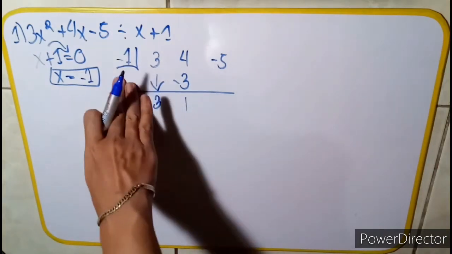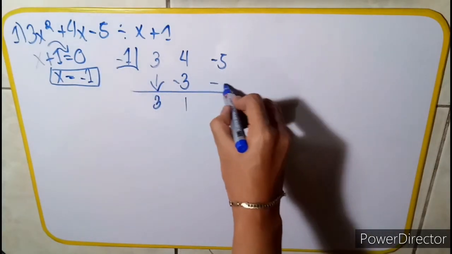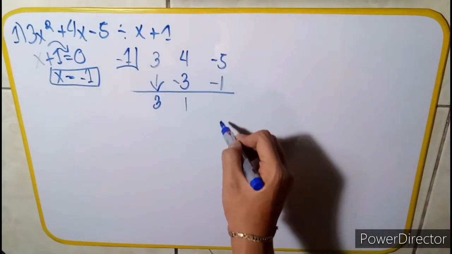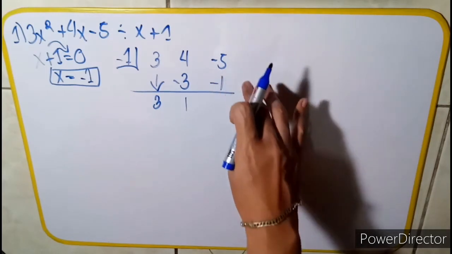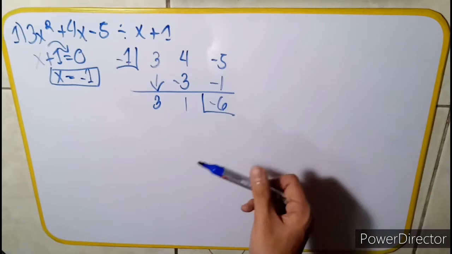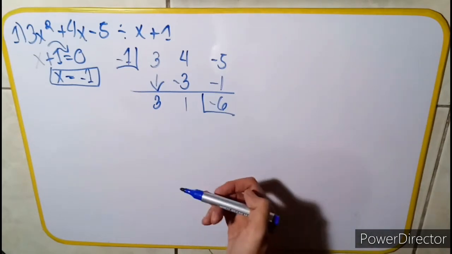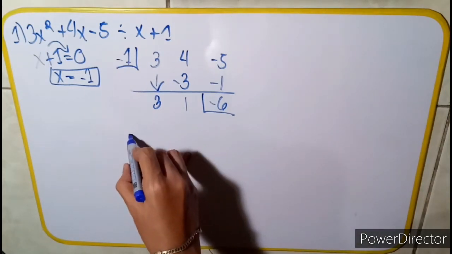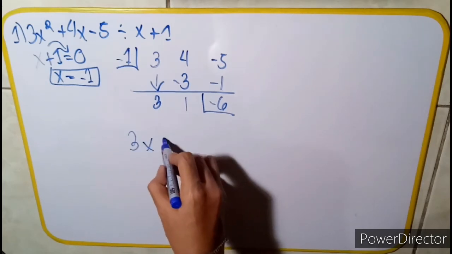Positive 1 times negative 1 is equal to negative 1. Then, negative 5 plus negative 1 is negative 6. Then this is our remainder. Now we will go backward from the remainder and assign variables.